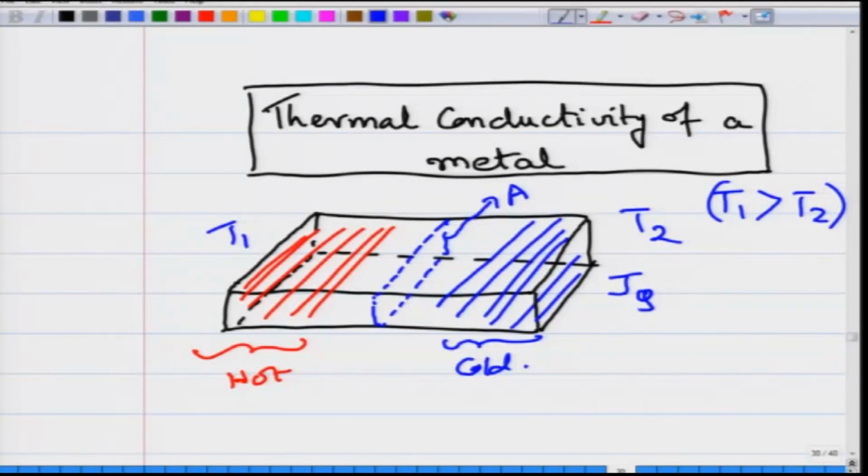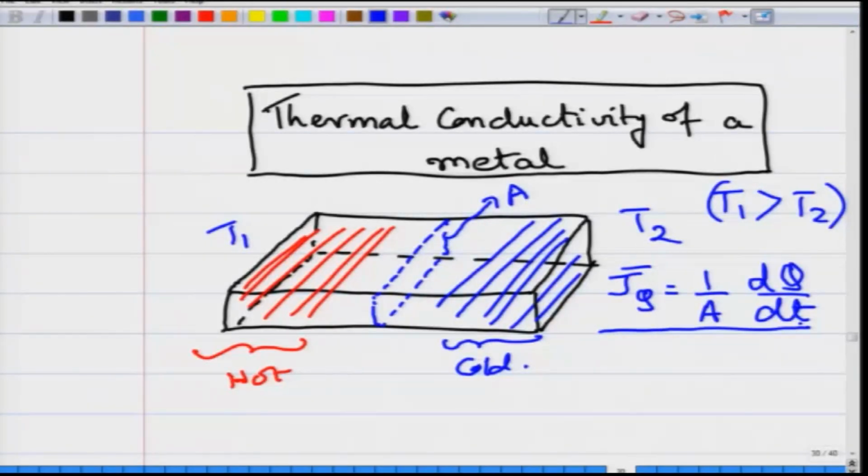And so you will define a current density associated with it, and this is the heat current density, say Jq, which is 1 by A, where A is the area of cross section, times dq by dt. The current is flowing in a particular direction. In whichever direction there is a difference in temperature, the current will flow from the hotter end to the colder end.